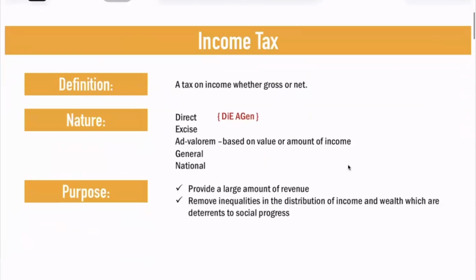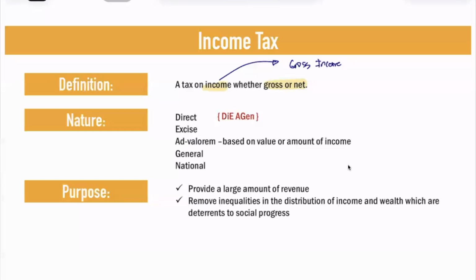Income tax is a tax on income, whether gross or net. So what we need to determine here is the income, and then we tax it either gross or net. When we say tax on income, what we know here as income is the gross income as provided under the tax code.